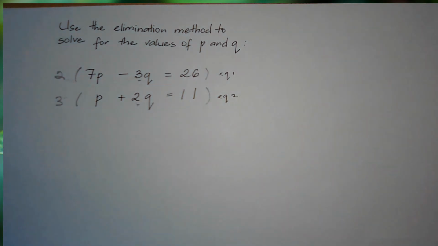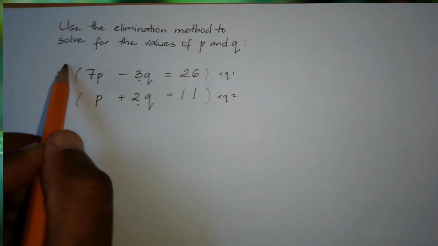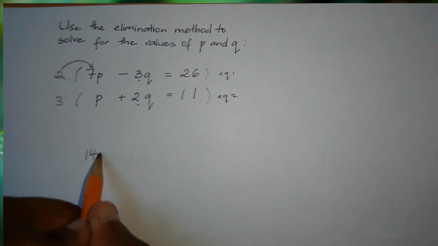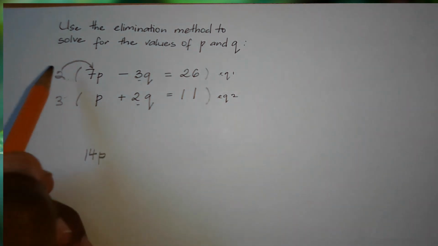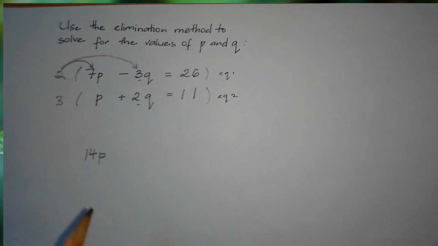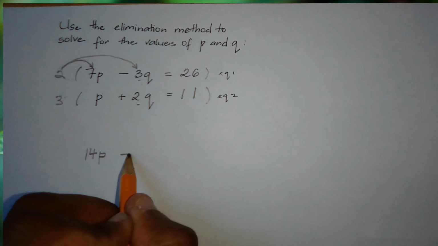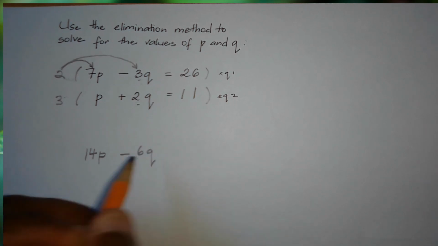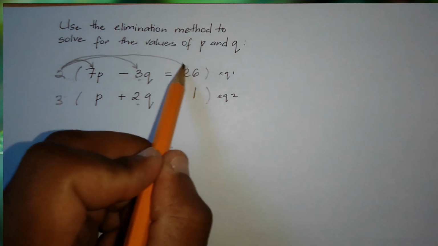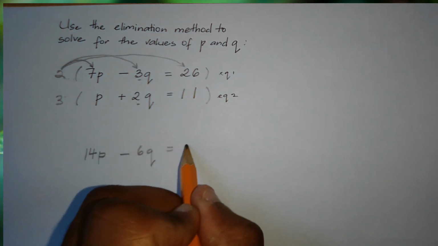Good. So 2 by the 7p should give us 14p. Then 2 by this negative 3q gives us negative 6q, equal, and 2 by this 26 gives us 52.